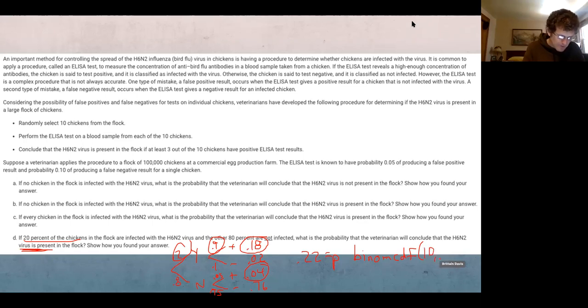There's a 0.22 probability. And as far as this goes, let's see, how many successes are we looking for? What do you guys think? How many successes are we interested in for this particular problem?